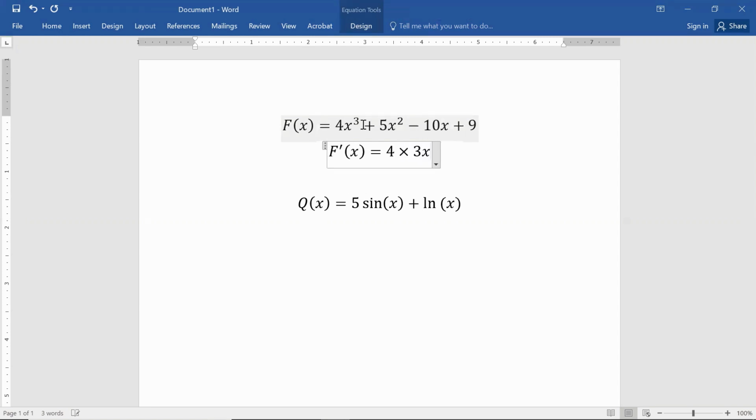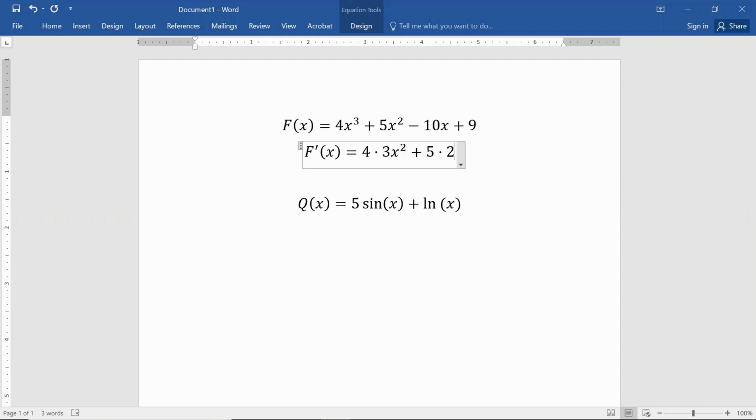So I can take the derivative of this term. This term has a constant in it that I can pull out. So it's 4 times the derivative of what I get from the power rule, plus 5 times, you know what, I can do that. I don't know which times sign you like. Sometimes I use the cross, sometimes I use the dot multiplication.